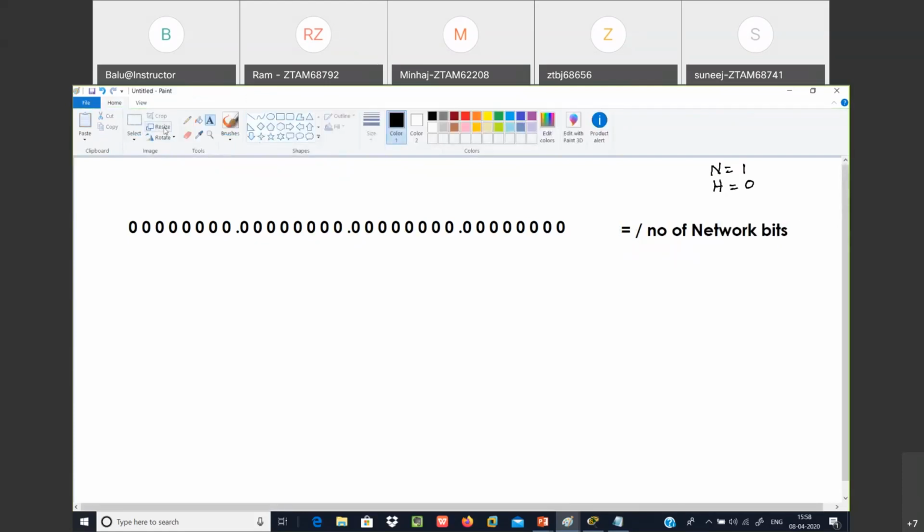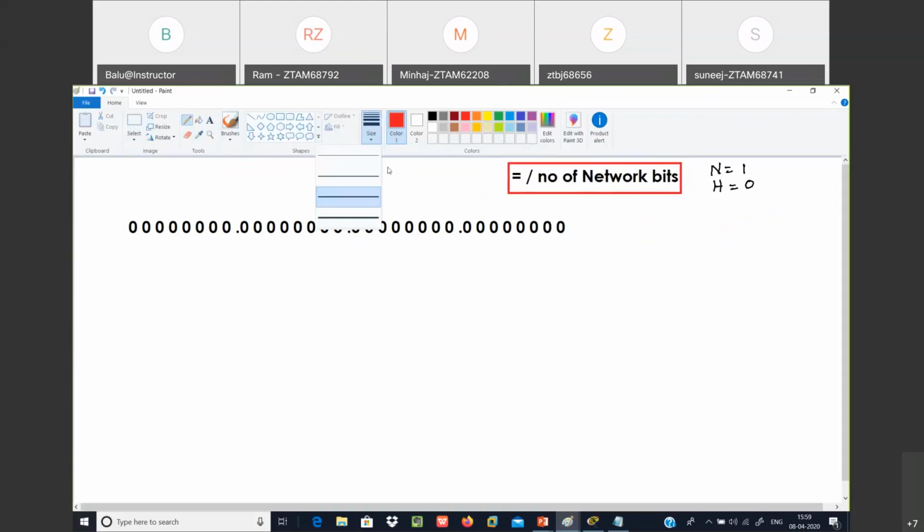Not the number of networks, the number of network bits, right? Keep in mind this point: slash notation always indicates the number of network bits.